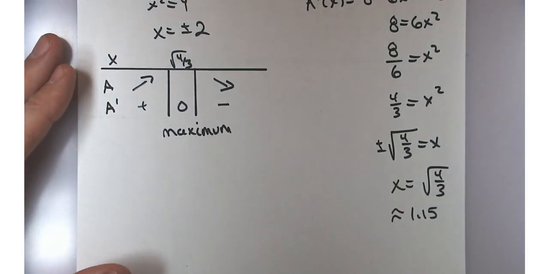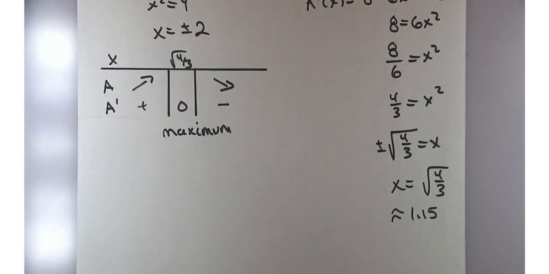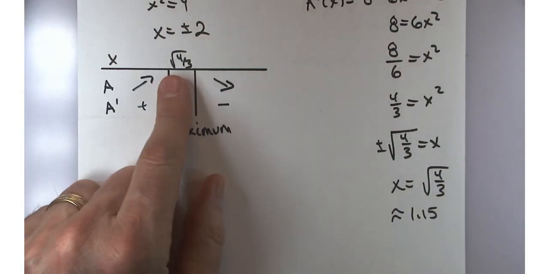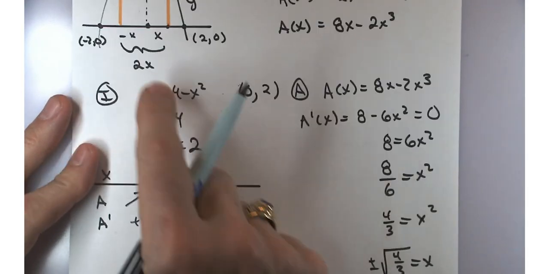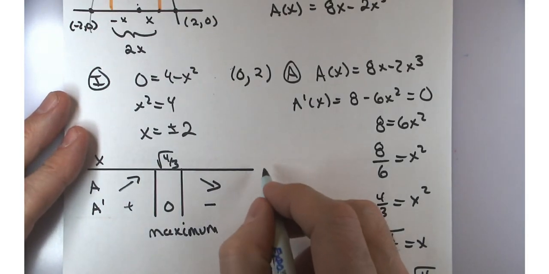Great. Now I guess it depends on what exactly they're asking. You could be asked for the dimensions. If you're asked to find the dimensions of this, then we need two things. The length.